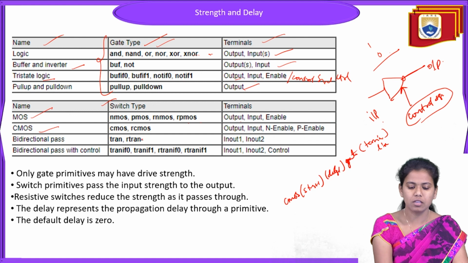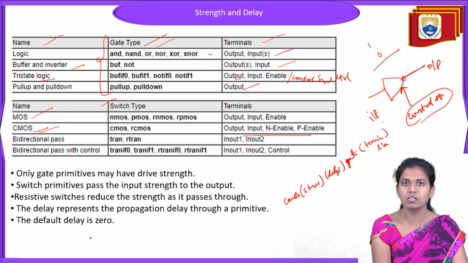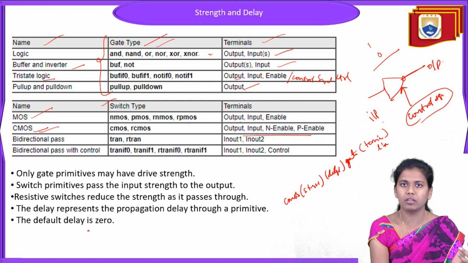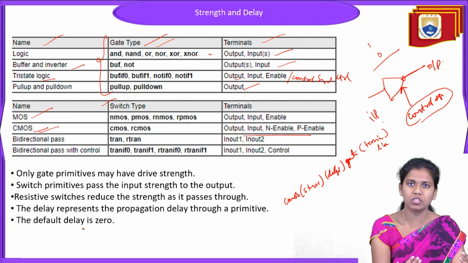Remember that CMOS is a combination of PMOS as well as NMOS transistors. When the PMOS and NMOS are connected in parallel to each other, that structure is nothing but the CMOS.